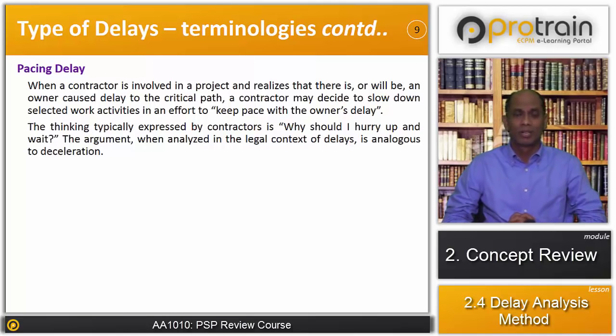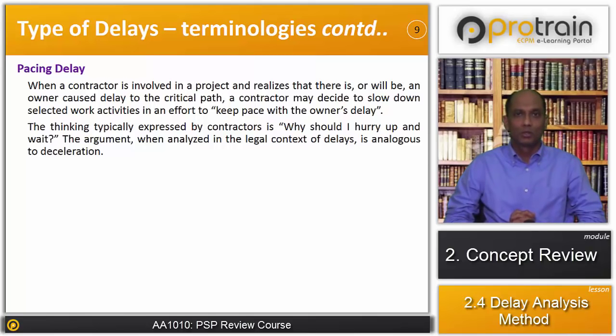Let's take an example from our substation example. In the third month of the project, the contractor realizes that the owner's design information is not available, and it will delay the substructure work of the transformer foundation.